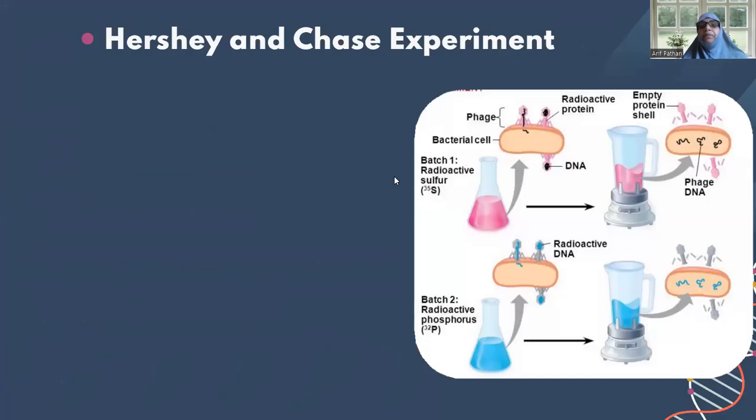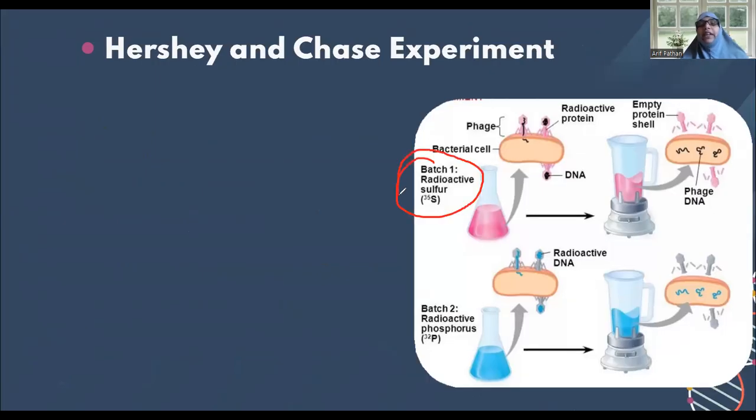Now, what did they do? They took these two different setups. One setup was viruses grown in radioactive sulfur. Another setup was viruses grown in radioactive phosphorus. Growing means the viruses will incorporate sulfur into their body, and the other viruses will incorporate phosphorus into the body.